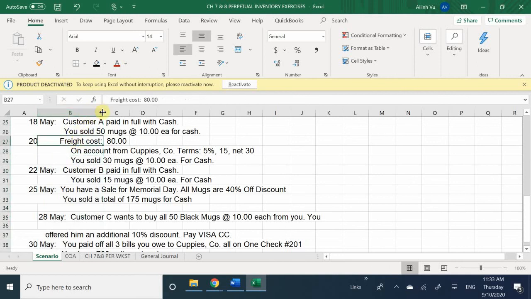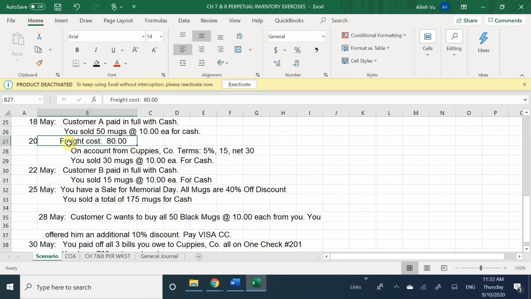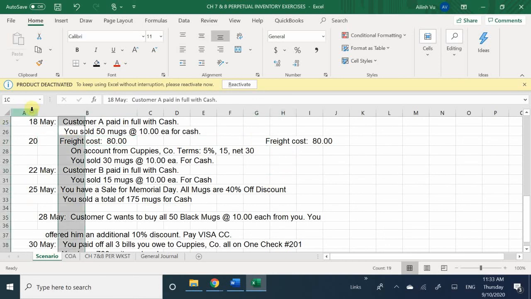Okay, hold on. Where is my information? I don't know why it's so messed up. Because you have it in cell A, and then you put freight costs in cell B. So if you just click on cell A, you can copy it. Cell A.